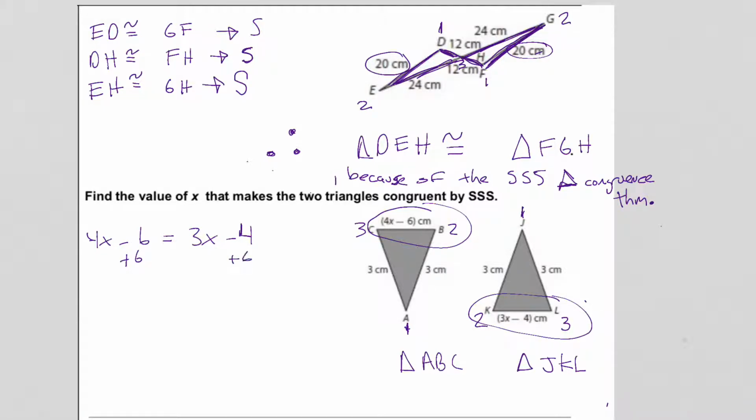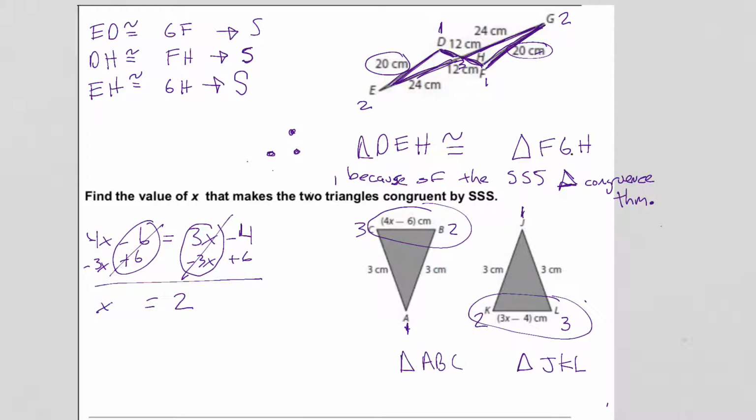I'm going to add 6 to both sides, and I'm going to subtract 3x. When I do that, that cancels. I'm going to get x. 4 minus 3 is 1. When I do this, this cancels. 6 minus 4 is 2. So x must be 2.